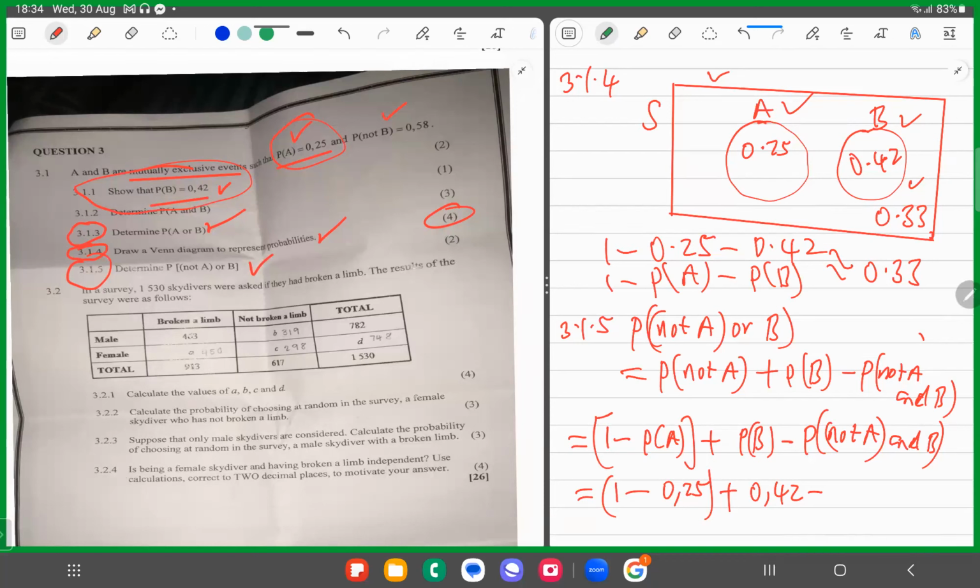Now you're going to look at what happens if you say not A. You are looking at what is happening outside A, and it must intersect B. So it is just the probability of B, which is 0.42.